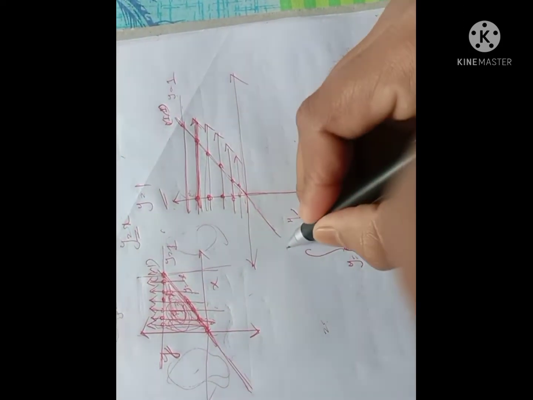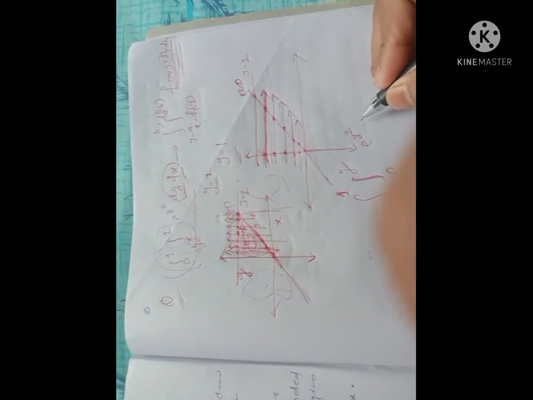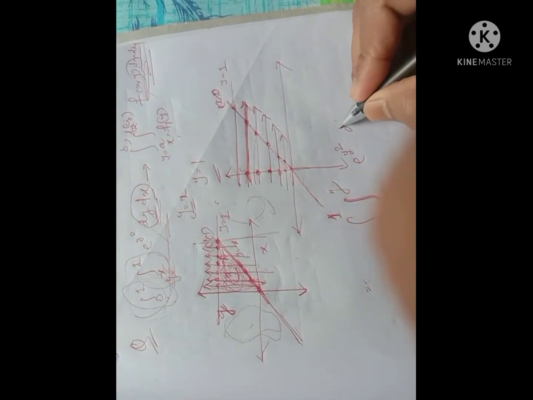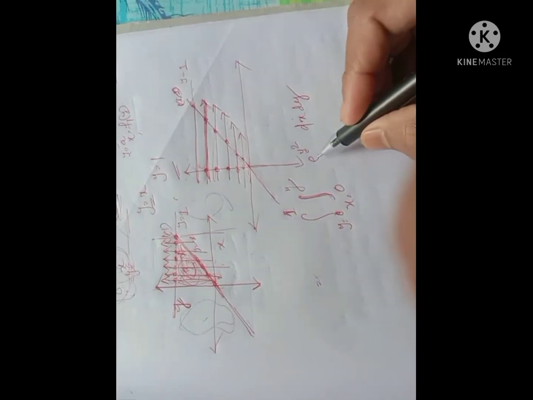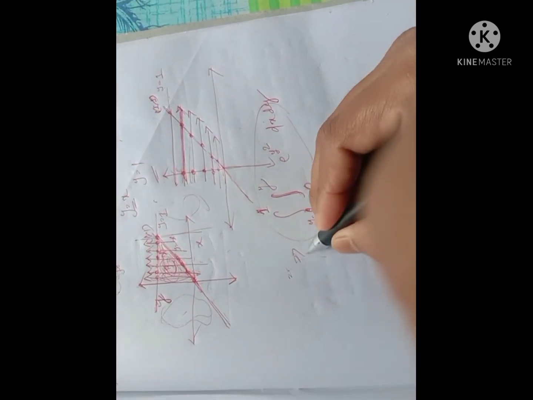This is your final integration, e to the power x square y square dx dy. Then you have to solve the double integration, and we can easily compute it.